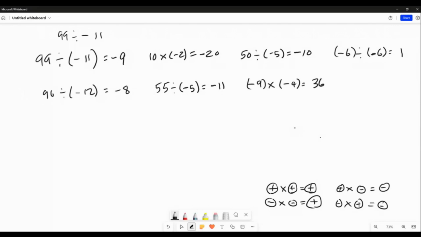Okay, so really these problems are just knowing your times tables and then looking to see what the sign is and giving the correct sign for the answer. All right, I'm going to make a slight change here because I don't want all of them to be the exact same.